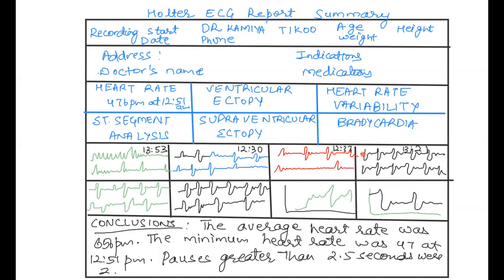We have 6 boxes, 1, 2, 3, 4, 5, 6 boxes are there. First box is heart rate data. It records what was the heart rate of the body at different times in 24 hours. Okay.